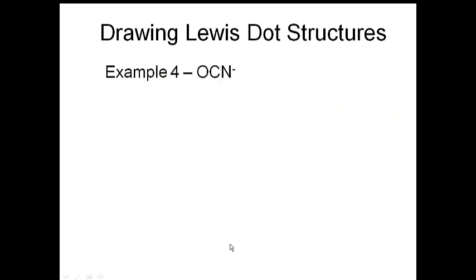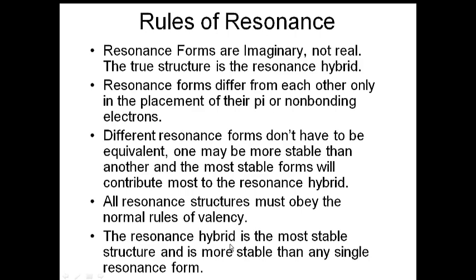And so let's first of all talk about the rules of resonance here, and then we'll talk about how we can differentiate between resonance structures in terms of their energy. Because I've already shown you two examples of how we can differentiate between resonance structures according to their structure. So these are what I call the rules of resonance, and actually they're not what I call the rules of resonance.